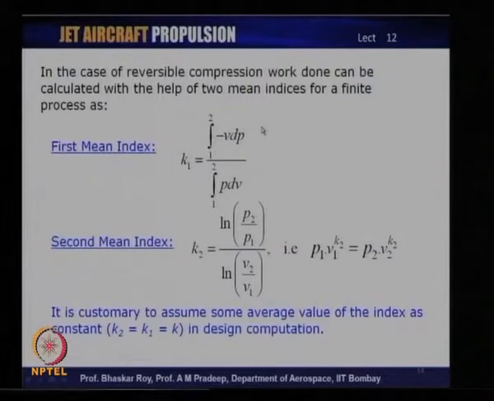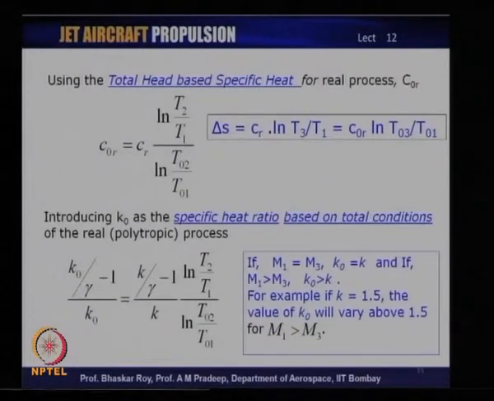If we show a thermodynamic process in our cycle through the stagnation property chain, then it stands to reason that we should be using a total head based specific heat, which means instead of C_r that we had written down earlier for a real process, we should be writing C_0r.